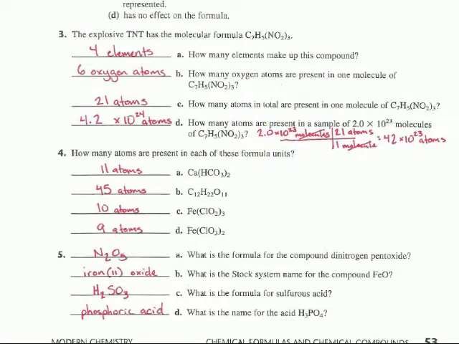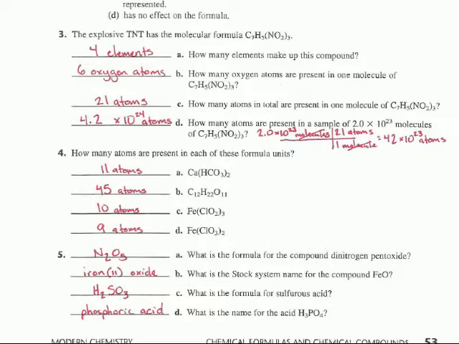But I need some statement of equality that will relate number of atoms and molecules to one another. Luckily, in C, I did just that. In one molecule, there are 21 atoms. So I can have molecules as the denominator unit, atoms as the numerator unit, and I can have 21 atoms per one molecule. Notice what this does. It allows the molecules to cancel each other out. My only unit left is atoms, which is what I want my answer in terms of.